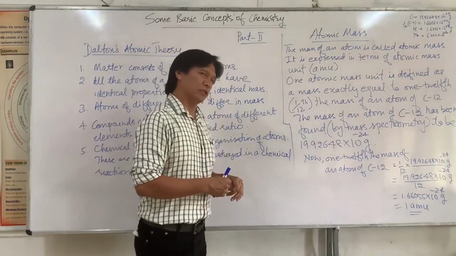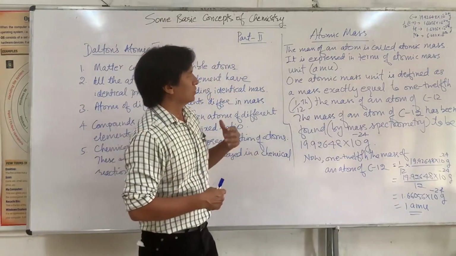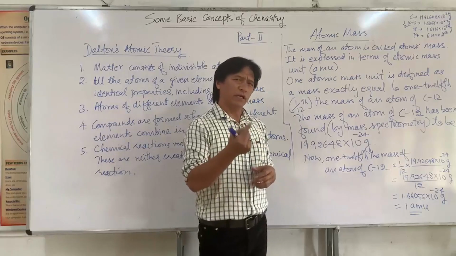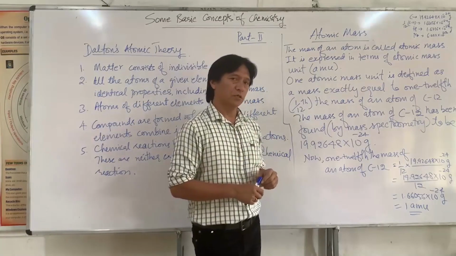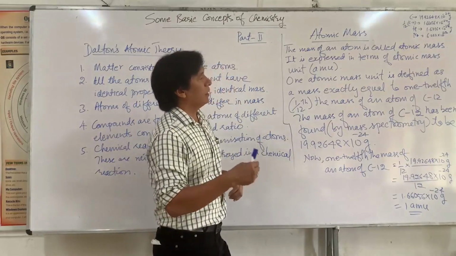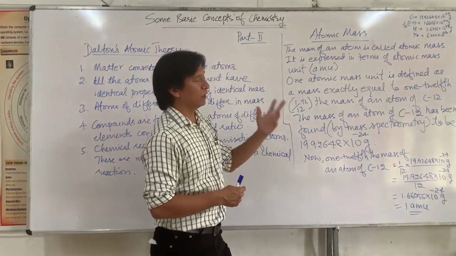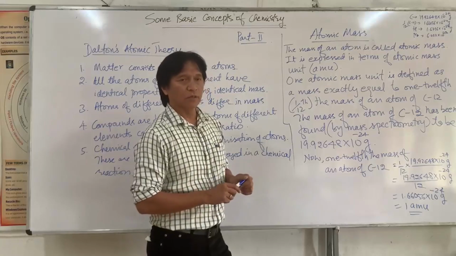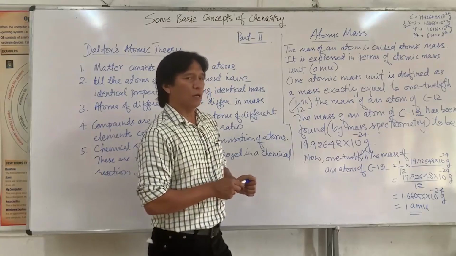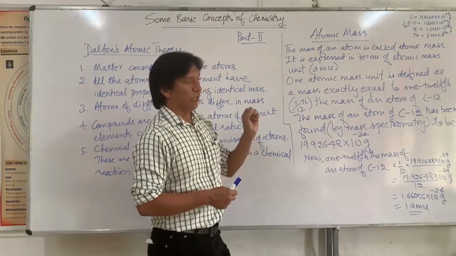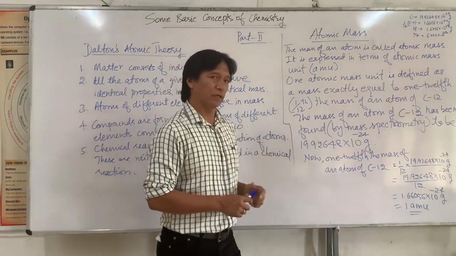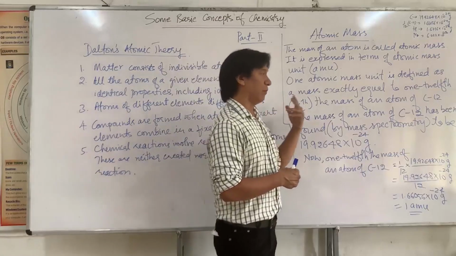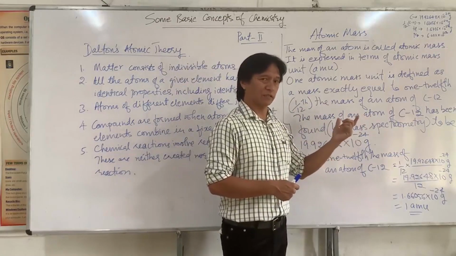This is what is said about an atom today. Now when I say an atom may have independent existence, then you can think of the atoms of these noble gases like helium, neon, argon and so on. So atoms of these noble gases, they can sort of exist independently. That's the meaning of atoms may have independent existence.